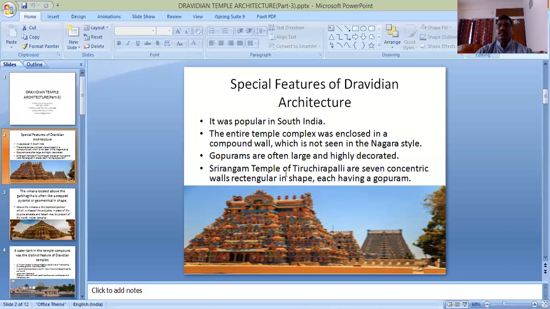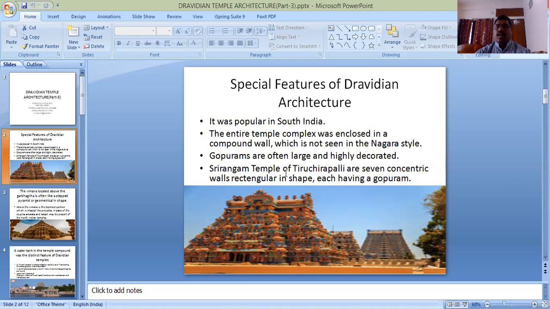Here I am trying to mention some special features of Dravidian architecture. It was popular in South India. That means this style of temple architecture you will find in South India.